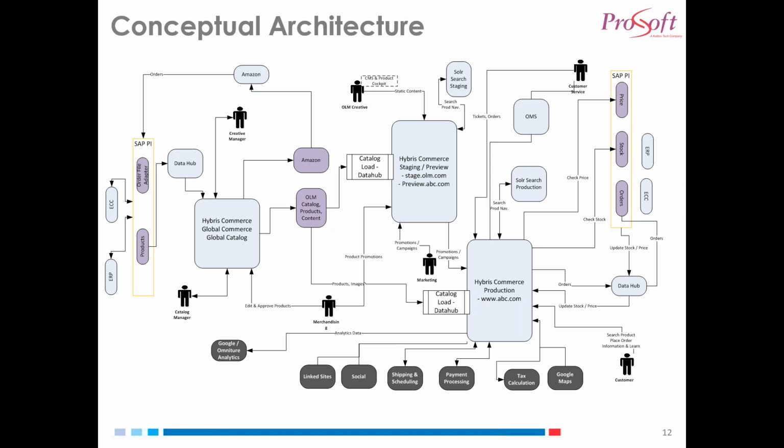But in most organizations, product development happens at the manufacturing end, where the source of their SKUs and product information is the ERP system, and then it funnels back into the front end.